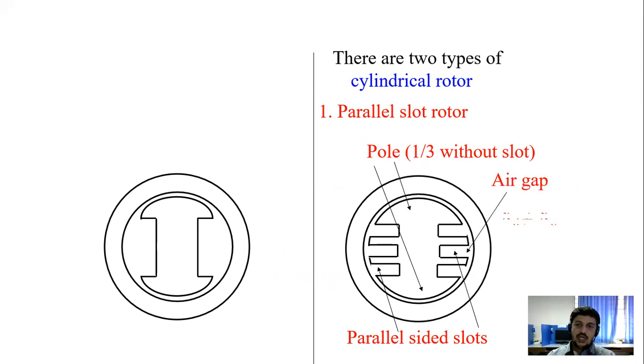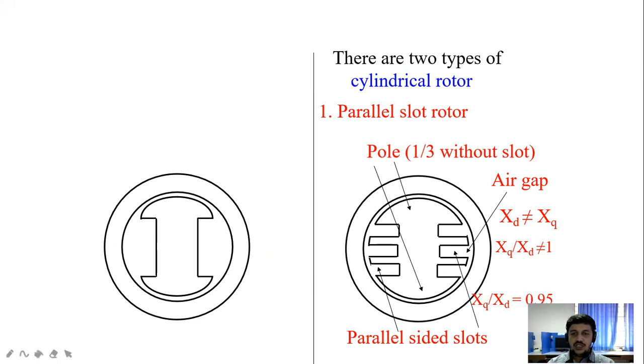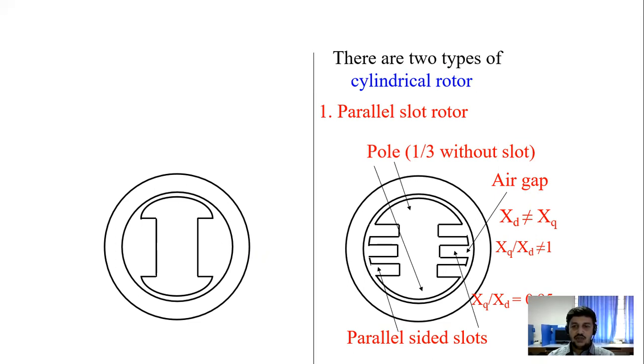Again, the air gap is not uniform in this case also. There is a variation in air gap at the slotted structure. So for a parallel slot cylindrical rotor machine also, XD and XQ are not the same. There is a little bit of difference between XD and XQ. The XQ by XD ratio is never equal to 1. That ratio is around 0.95.